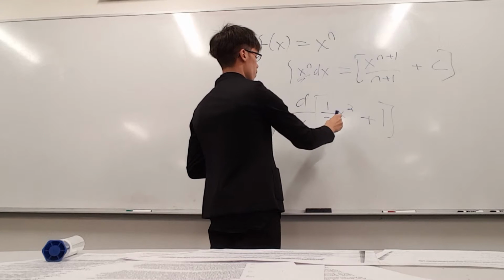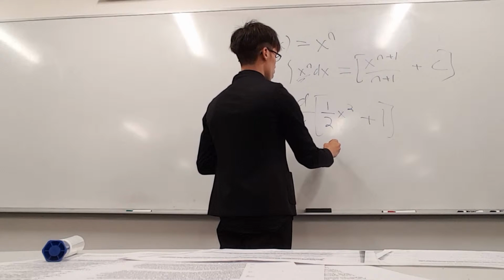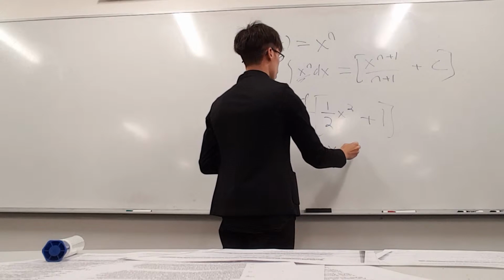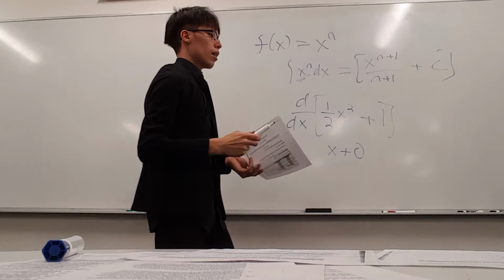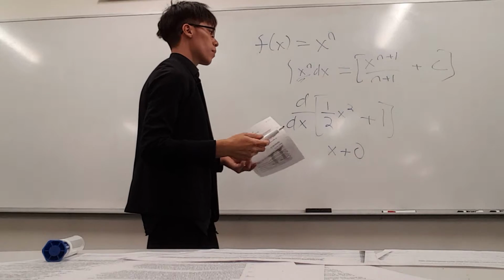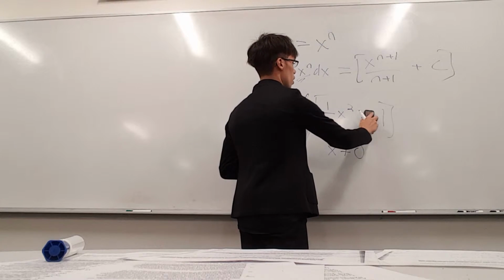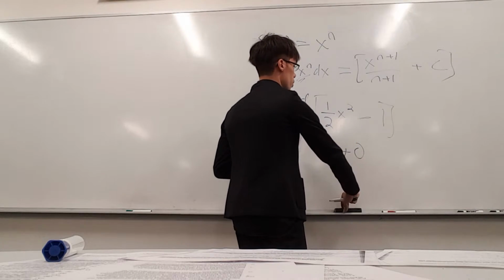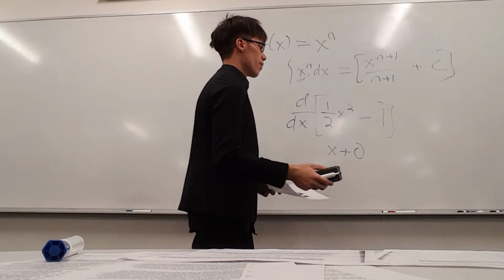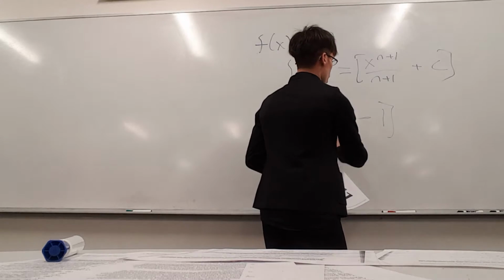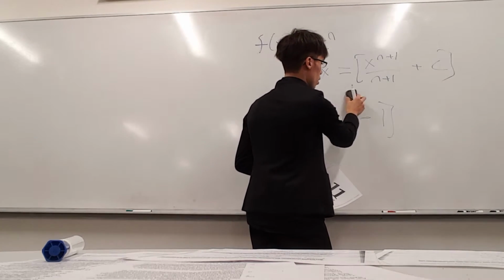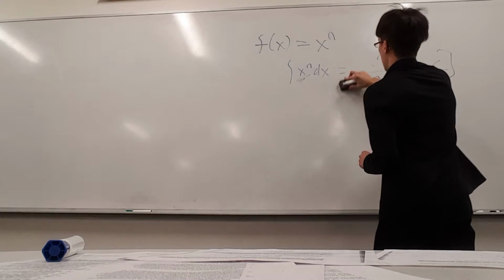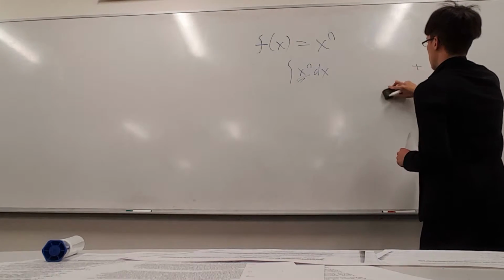This is going to give, just bring the 2 down, cancel, and so just x, plus 0 because, as you know, the derivative of any constant is 0. So if we change this to -1, still 0, to 100, anything, it's always going to be 0. So that's why we include the constant, and also why the antiderivative has an infinite number of solutions.